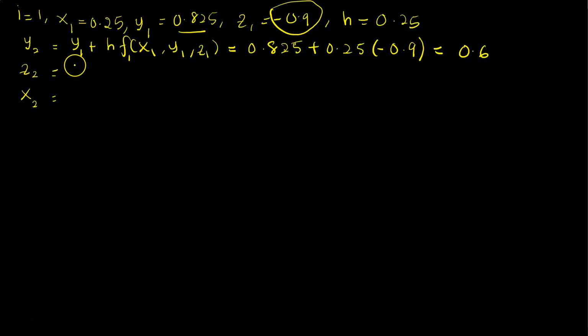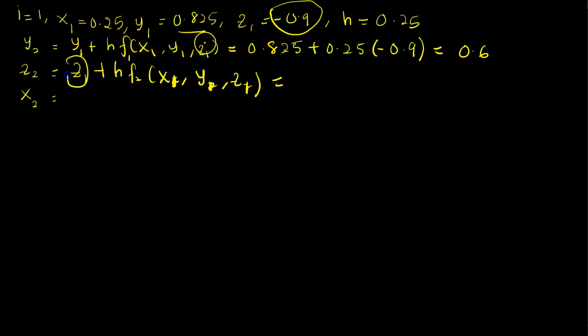And then for z2, how to solve for z2? We use the Euler formula: z1 plus h times f2 of x1, y1, and z1. That is function number 2.